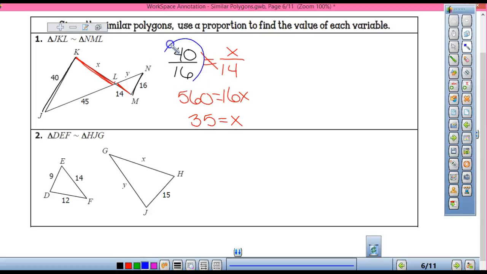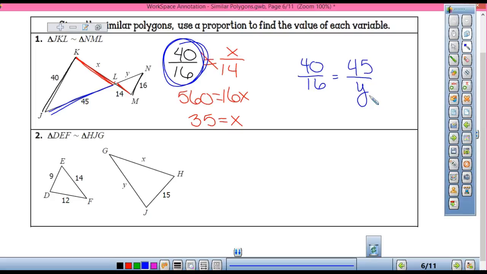Okay, now you're going to use this same scale factor to do what? So you can automatically go 40/16 equals, ooh, be careful, 40 is on top, so what has to go on top? 45's got to go on top over what?